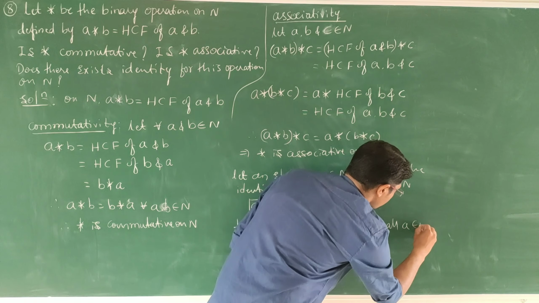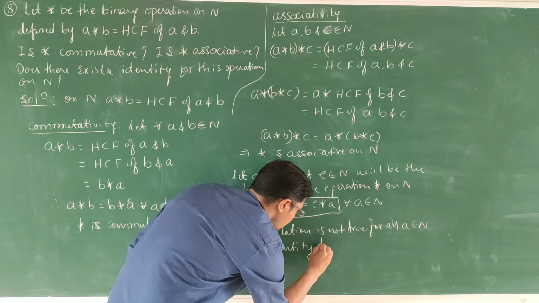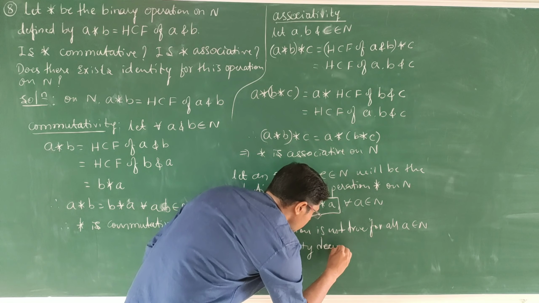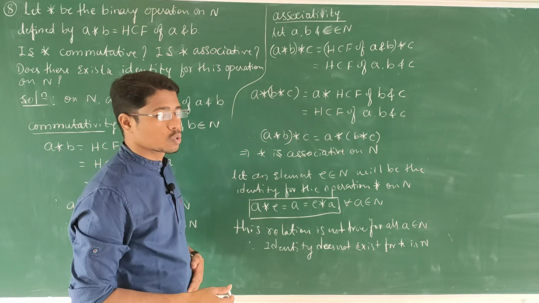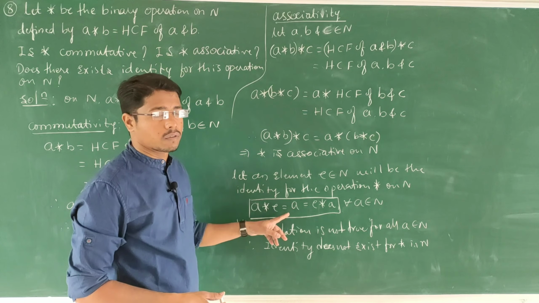Therefore identity does not exist for star in N. That means for any element A, A star e, the HCF, the highest common factor of those two, should come out as A. But when we consider any element from the set of natural numbers, this is not possible.